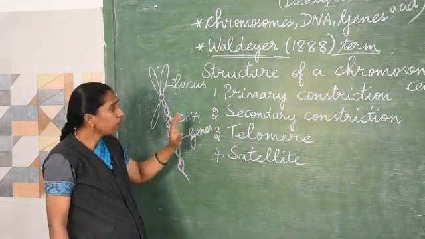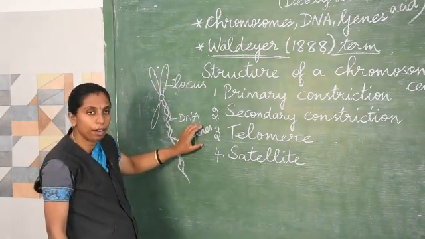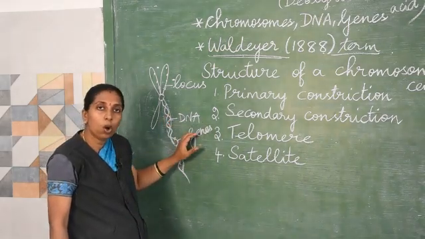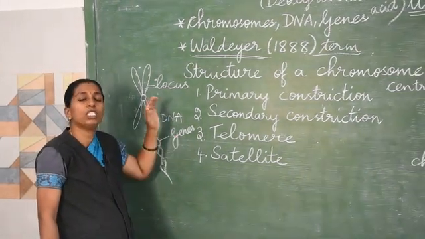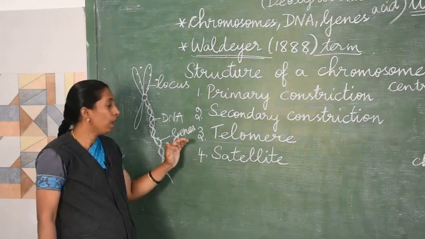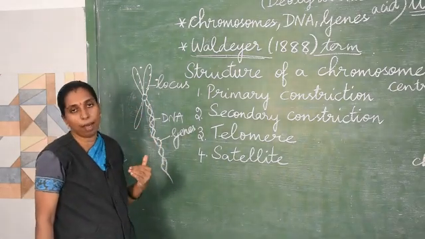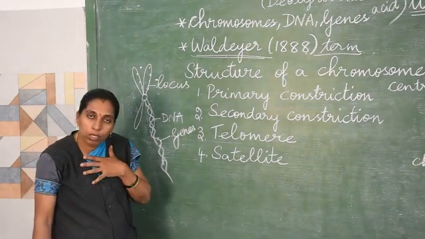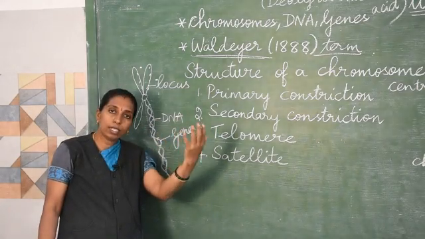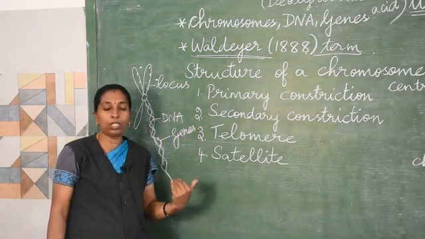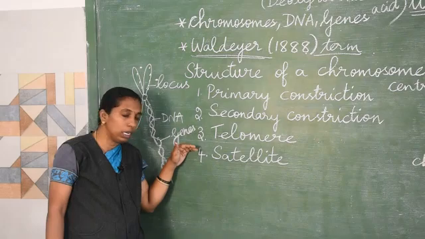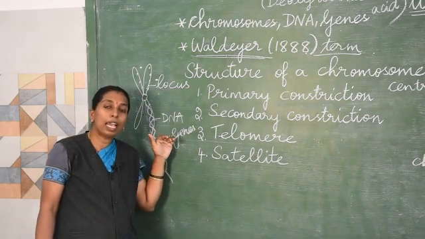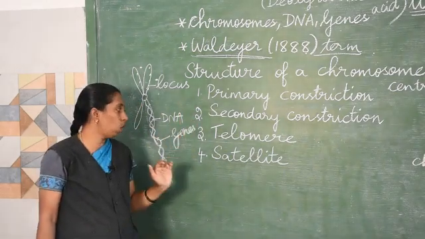Now, why are these genes very important? Genes are called hereditary units. It is because of these genes we have received the characters from our parents. All the characters that we possess now are the characters that we receive from the parents. It is because of these genes the characters are carried from the parents to offspring.